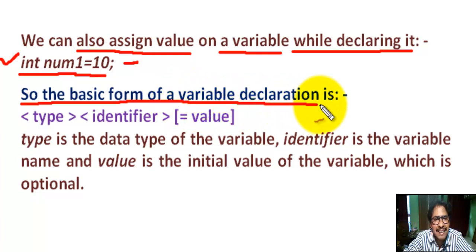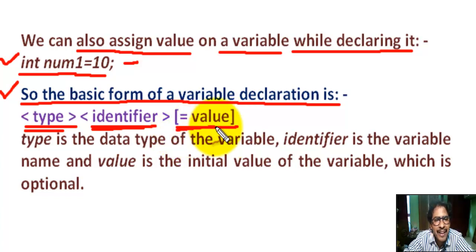So the basic form of a variable declaration, what is the basic form? First type, next identifier, next equal to value. Here type means the data type of the variable, which type of data, integer or float data.